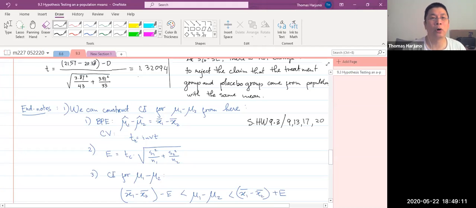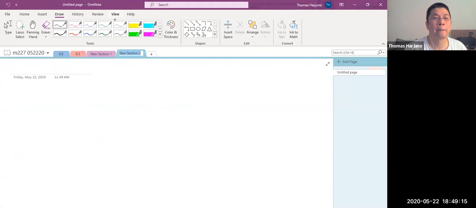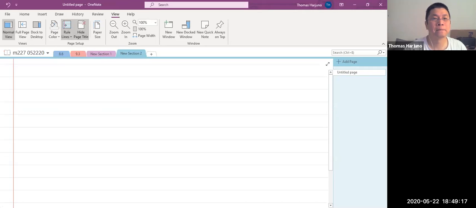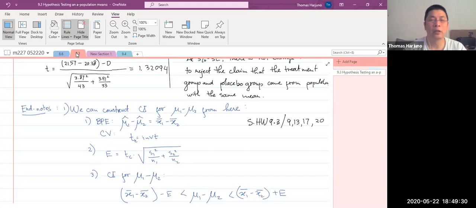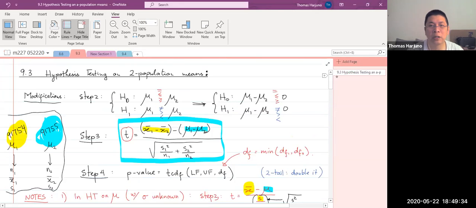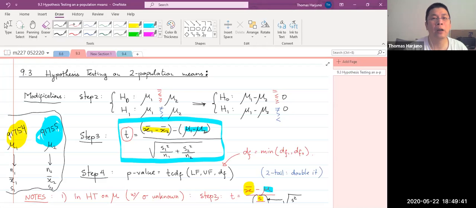Now let me go on to section 9.4. In 9.3, we were doing hypothesis testing on two population means, but those two populations are independent of each other.